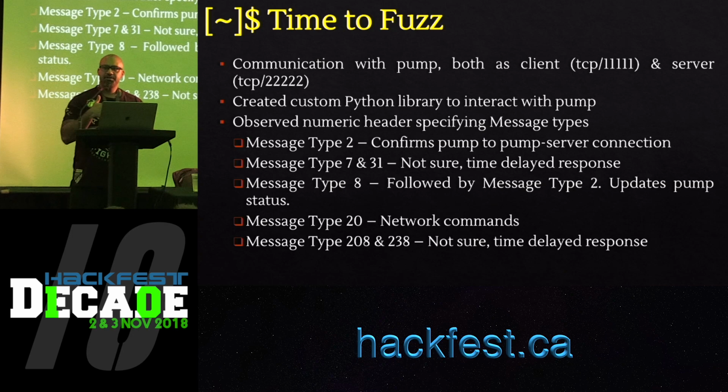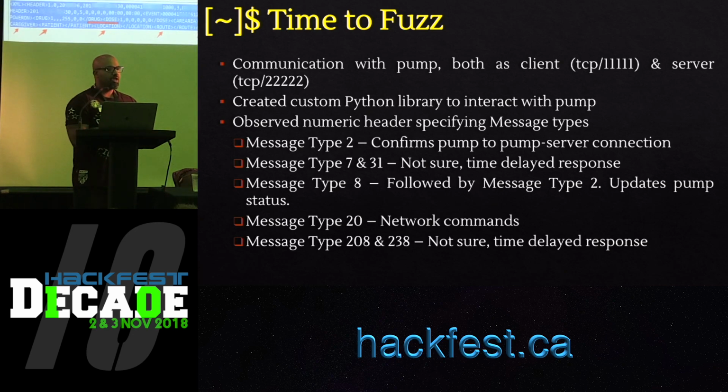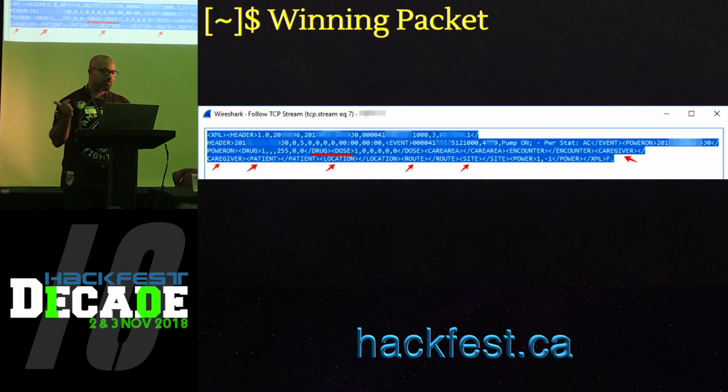So we did a whole iteration of fuzzing, trying out different messages. And with one of the combinations, we were able to retrieve this packet. If you look here, there are different parameters which are quite sensitive information. There's a drug name parameter in there, dosage, care area, caregiver information, patient information, location, route, site.